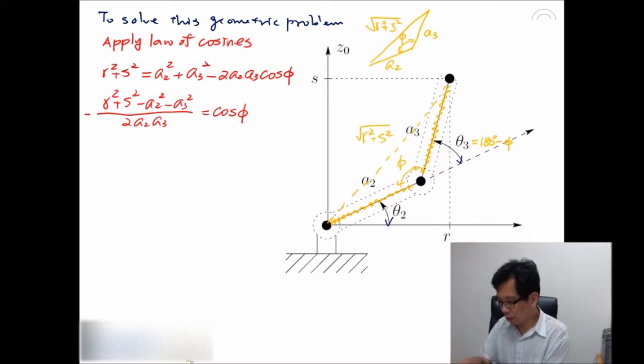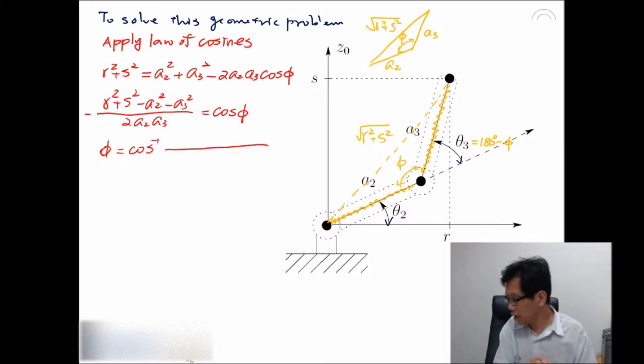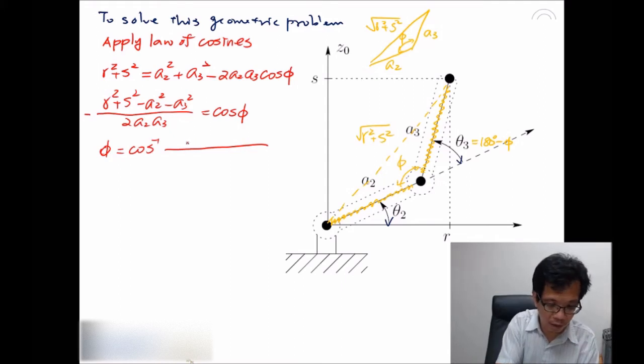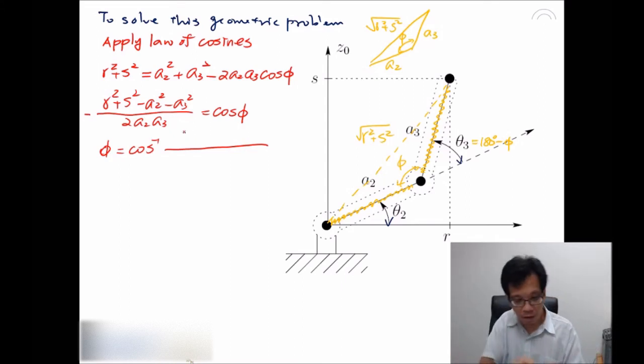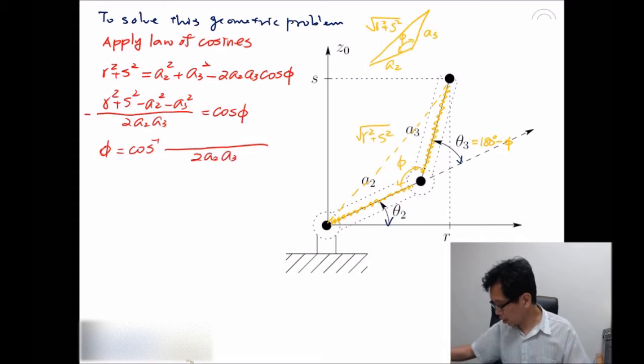If you do that, you're going to find the answer is actually phi equals cosine inverse of this expression, with 2A2 A3 in the denominator, and the other part of the information becomes this.